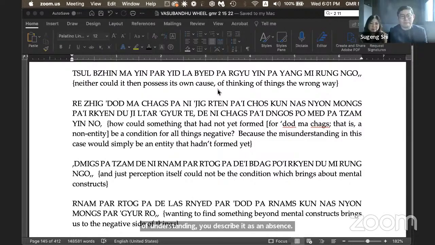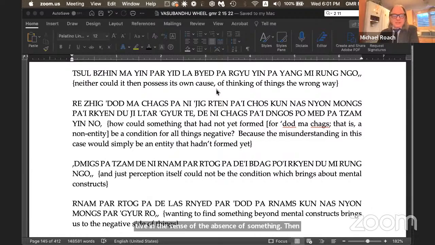How can something which does exist trigger something which doesn't exist? How can thinking of things the wrong way be its cause if it doesn't exist? If it's a non-existent thing, how can something trigger it?